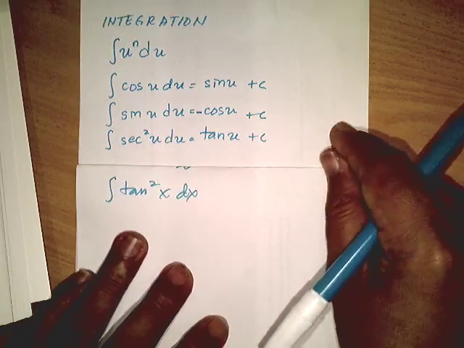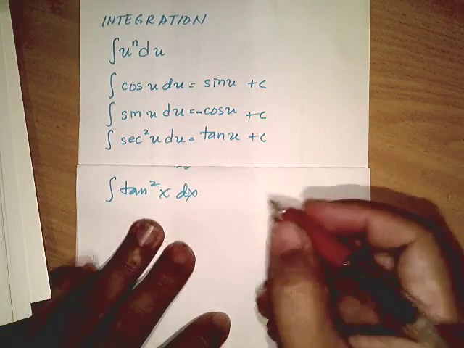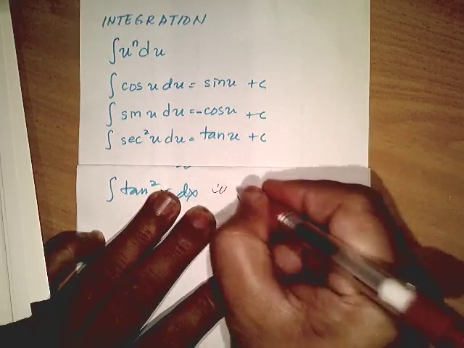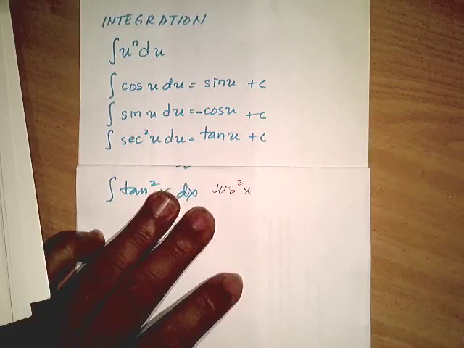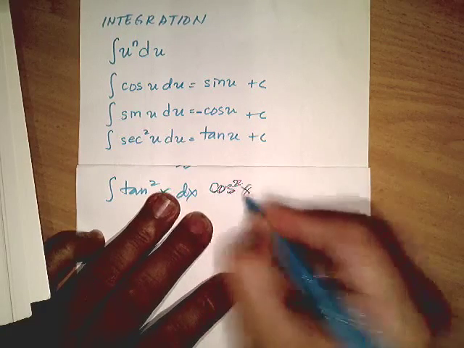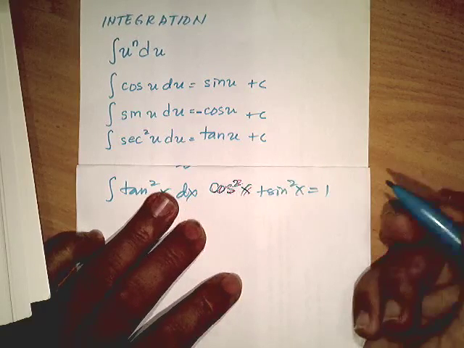Let us review first our simple trigonometric identities. We have said that cosine squared x plus sine squared x equals 1.